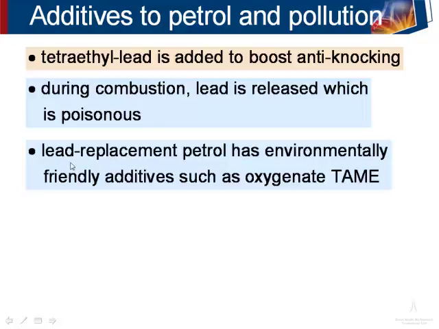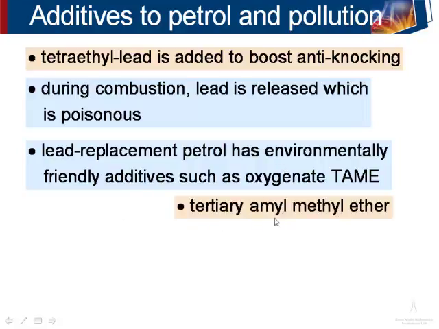So we now have the LRPs, which are the lead replacement petrols, which are environmentally friendly. They have an additive added, such as an oxygenate TAME. This is a tertiary amyl methyl ether, and this component then takes out the lead, which is a poisonous substance.